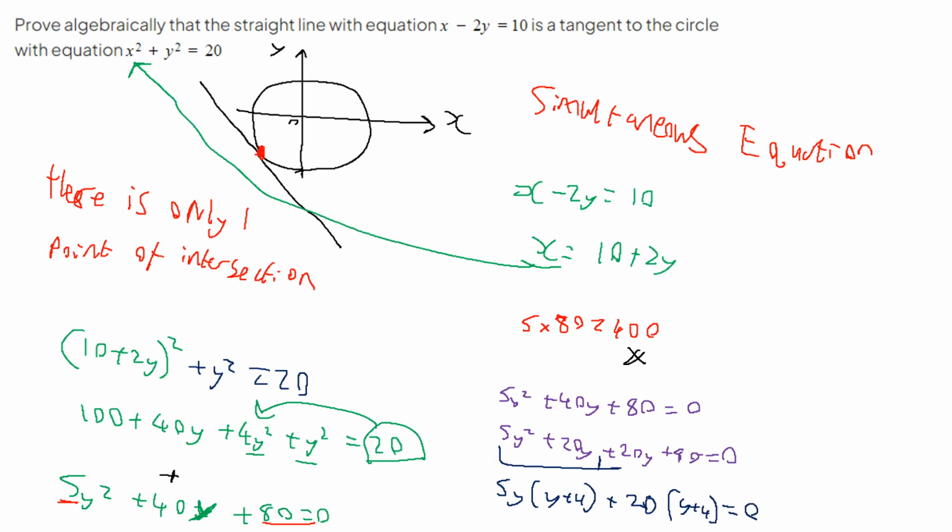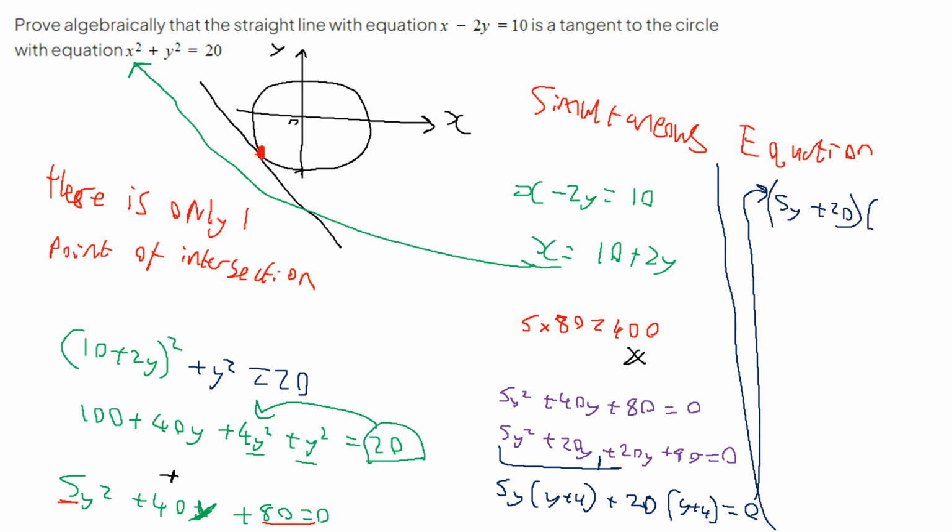And so what we're left with is (5y plus 20) times (y plus 4) is equal to 0. From this one we're told that y equals minus 4. And here we're told 5y is equal to minus 20, so y equals minus 4.